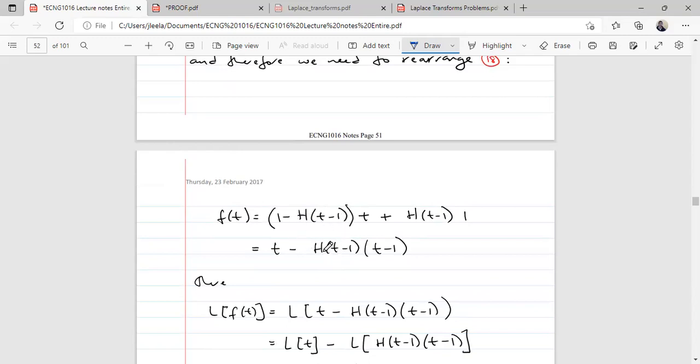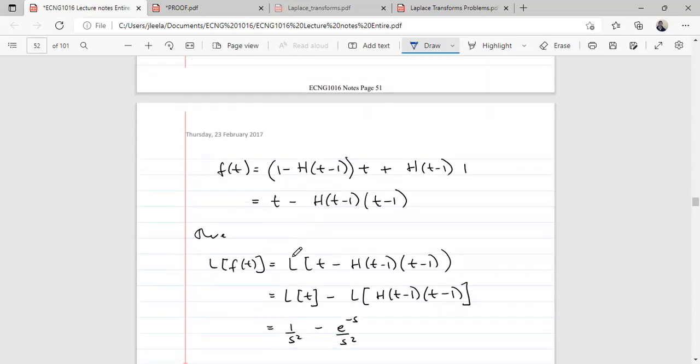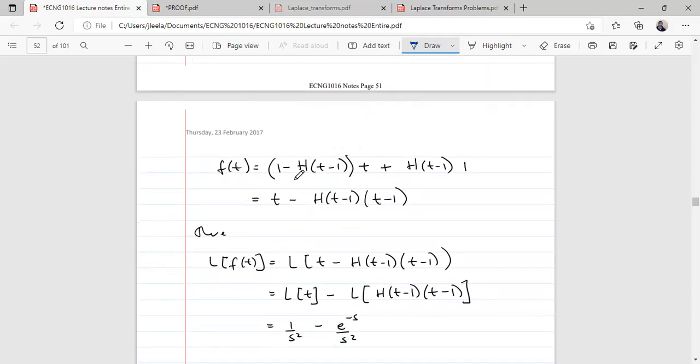Look at it here: minus h(t - 1) times (t - 1). If you multiply this by your t, you'll get back the minus h(t - 1) times t. And if you multiply this by negative 1, a negative by a negative is a positive, you'll get back your h(t - 1). So this is a little tricky here.